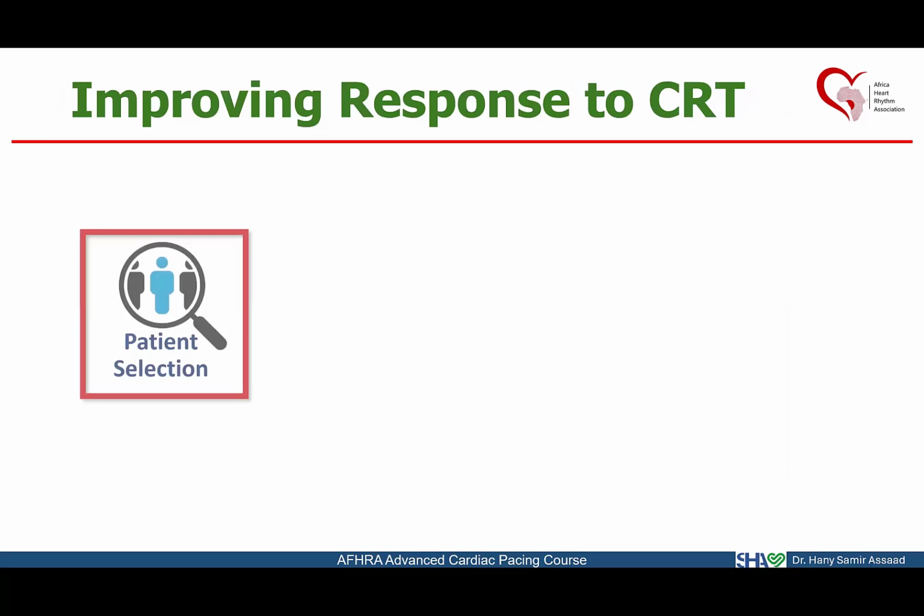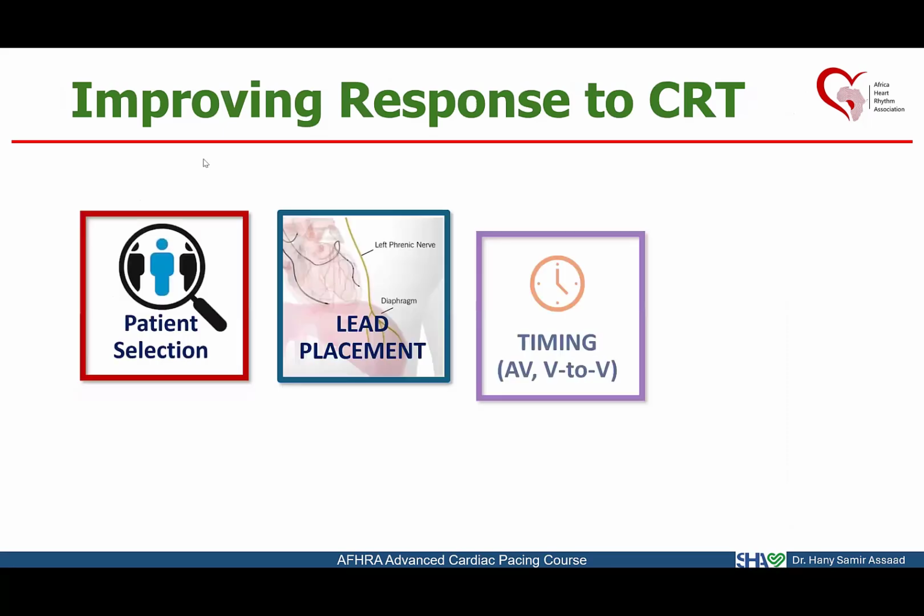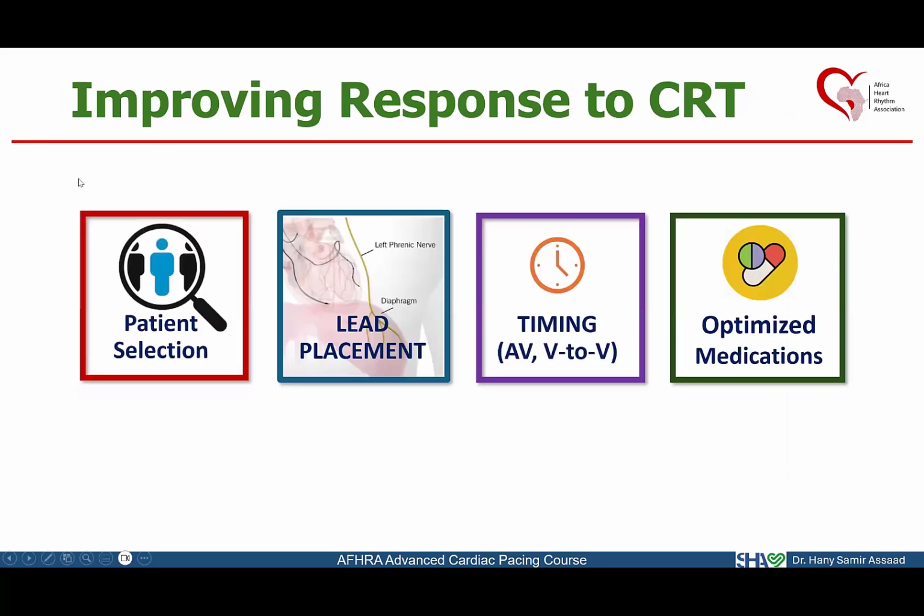It's always good to think that these are the four pillars of a good response to CRT. The very important one is patient selection, as we said from the start: to start with a good selection of the patient who would respond to cardiac resynchronization therapy.